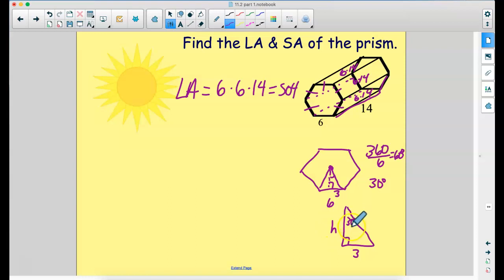So which trig function uses opposite, because that's across from our angle, and adjacent, because that's next to our angle? That's going to be tangent. So tangent of 30 degrees equals opposite over adjacent. You can set up a proportion or just multiply by h on both sides. So either way we get h times tangent of 30 equals 3.